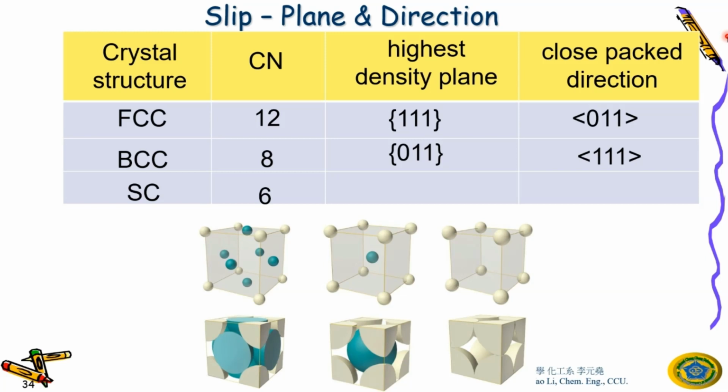How about the simple cubic structure? It's 001. It's all the face planes. And then the direction is 001, the same. Right, so these are the slip systems, showing you that this is the close-packed plane, and this is the close-packed direction.